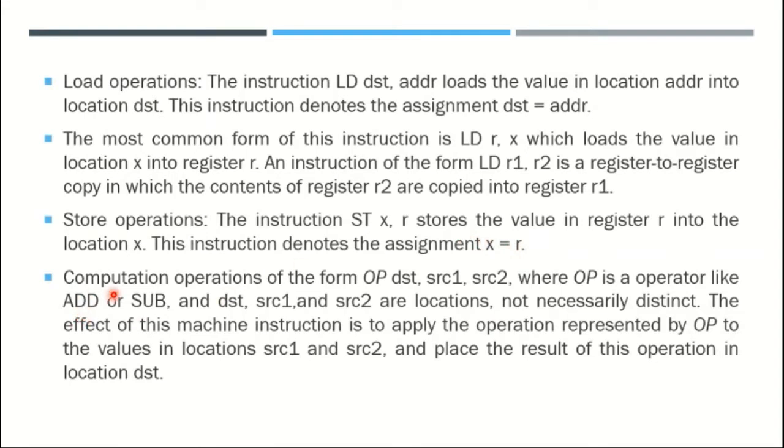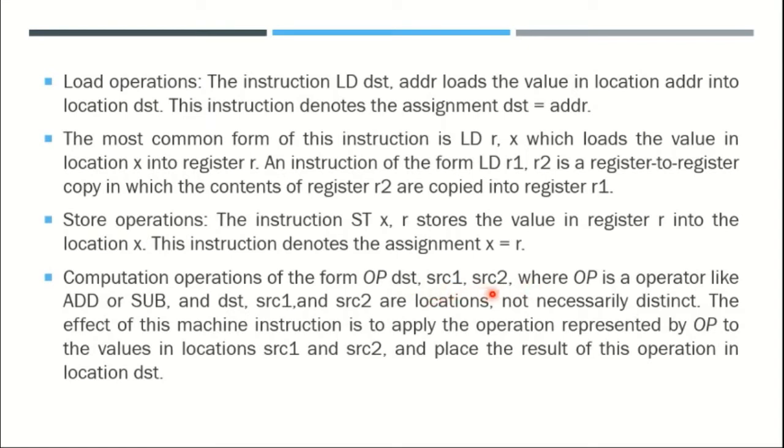And next, computational operations, which are in the form of operator destination, source 1 and source 2. Here operator indicates any operator like addition, subtraction, division, multiplication. Destination means the variable, register or location where the result is stored after performing that operation.